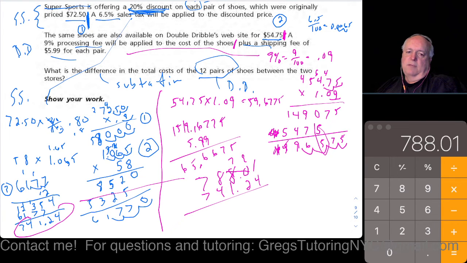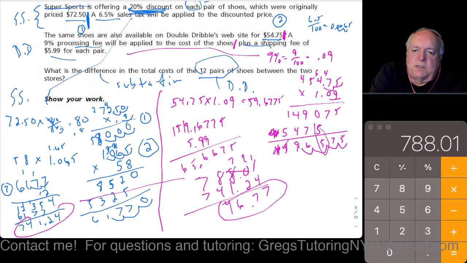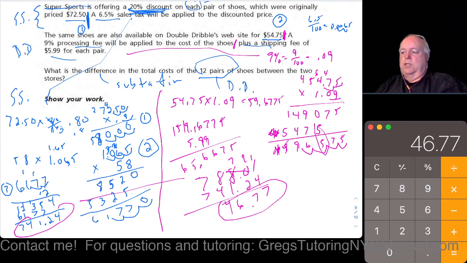So we have 11 minus 4 is 7. 9 minus 2 is 7. 7 minus 1 is 6. 8 minus 4 is 4. So the difference, the answer to this question, is 46.77. So let me actually try that. Minus 741.24. Okay, there we go. Cool.